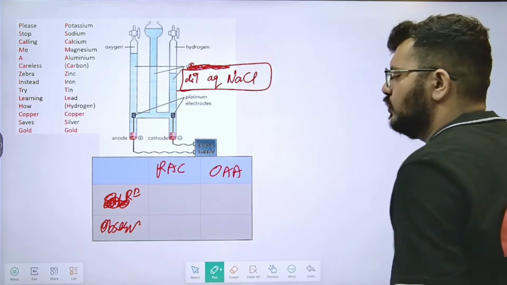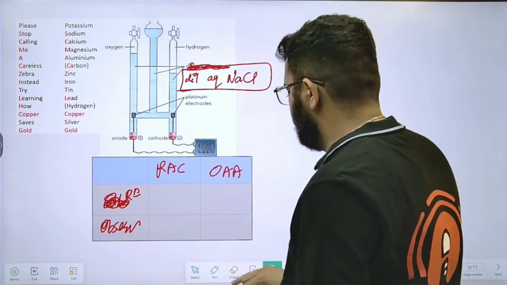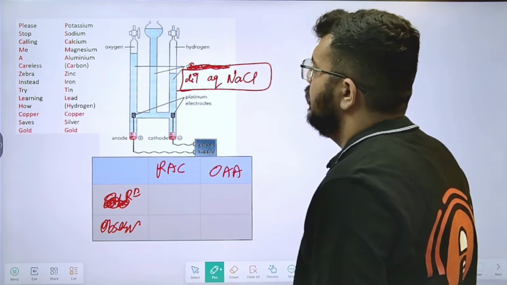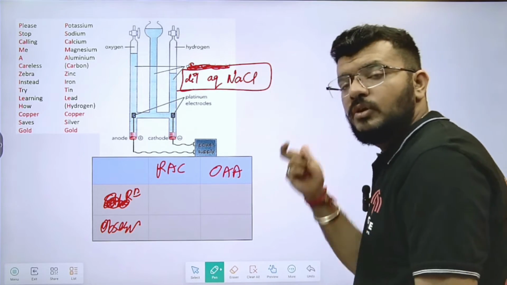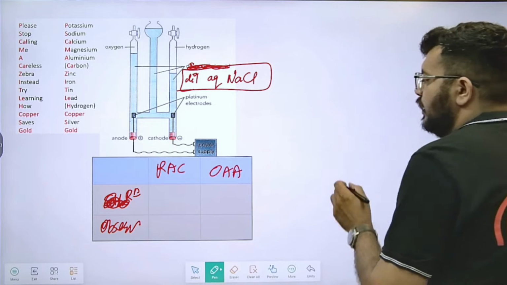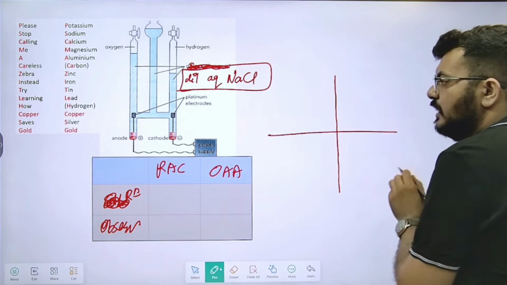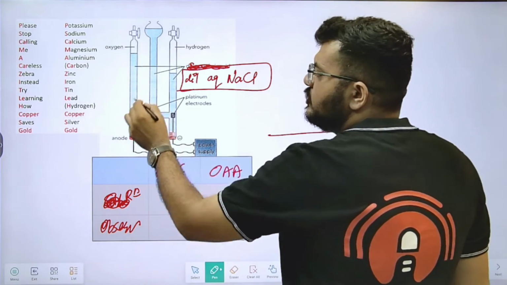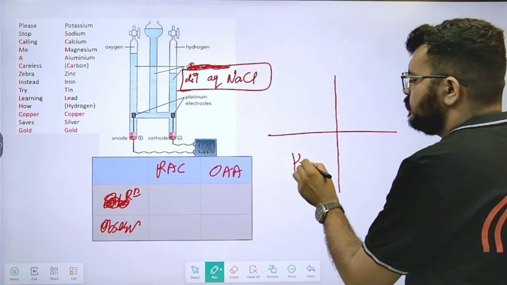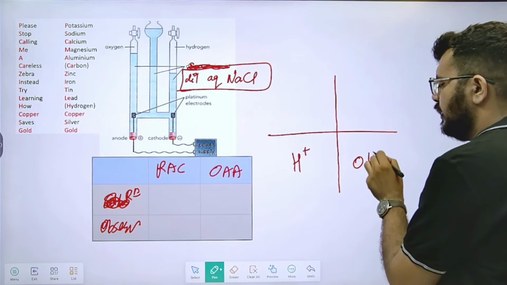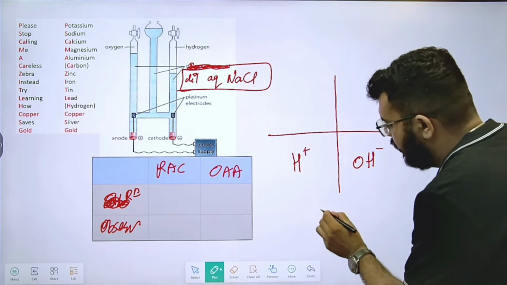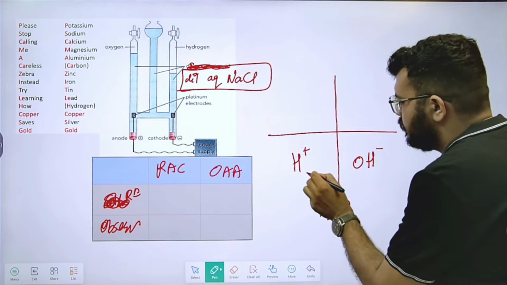All right. Okay, so let's start with that. Now I have taken dilute sodium chloride. So what will happen now? I have in the solution, in these tubes, H+ ions and OH- ions. Where did these come from? They came from water. It splits.